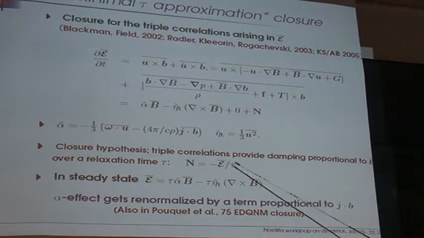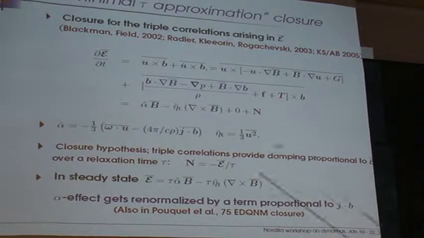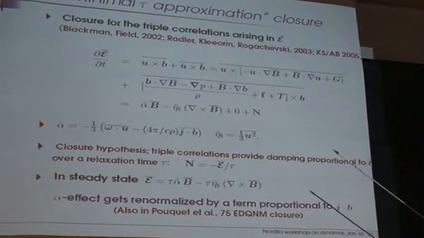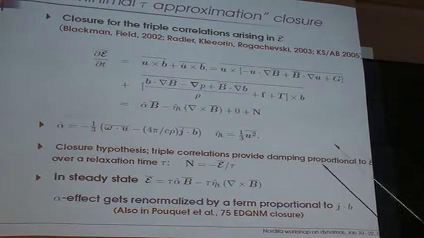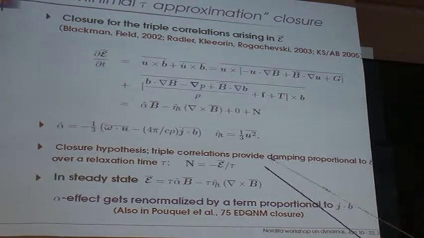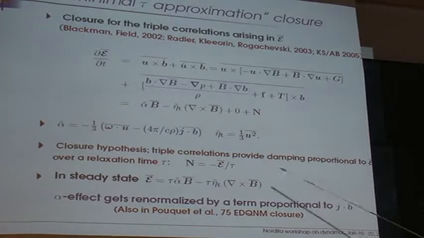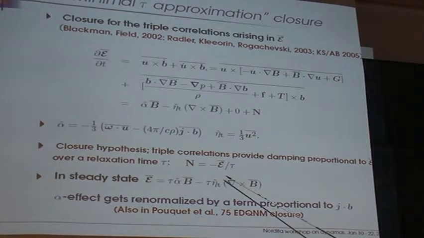And so there is a tau which is now arbitrary. So this is absolutely arbitrary. Mathematically, it's what you would call a closure hypothesis, something which relates the third moments to the second moment. And I will come to discuss checking this, but this is the assumption which is made.